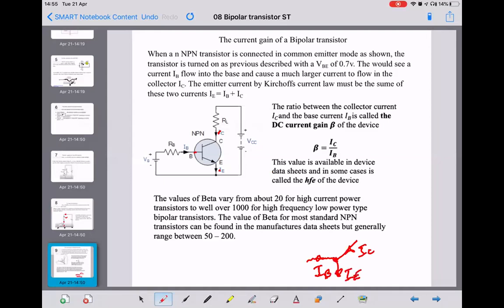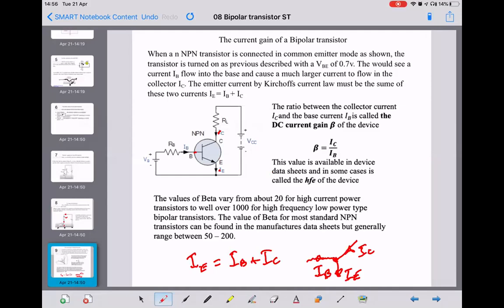Remember what we always do: all the ingoing currents are on one side and all the outgoing currents are on the other side of a Kirchhoff's law equation. So IE must be IB plus IC.